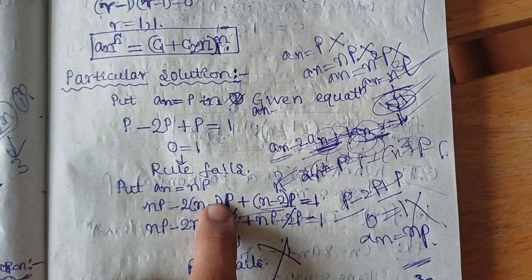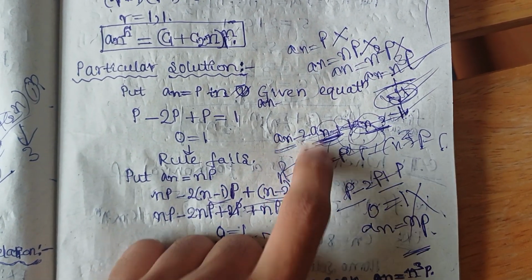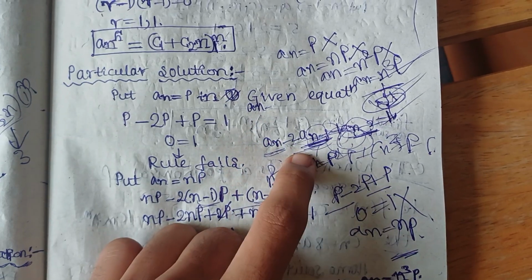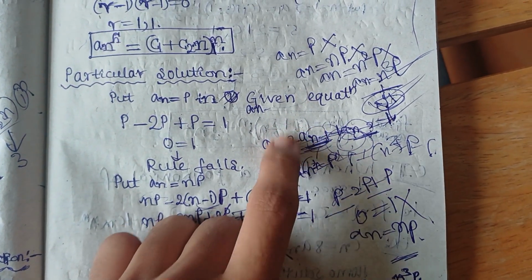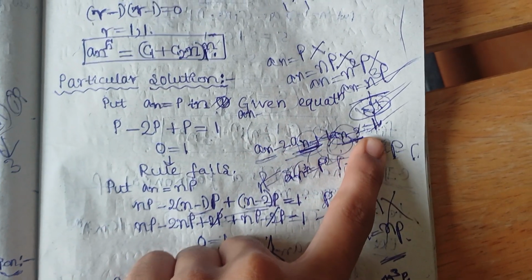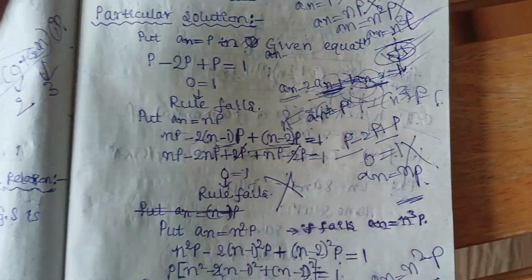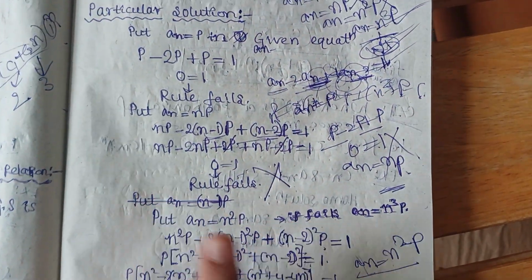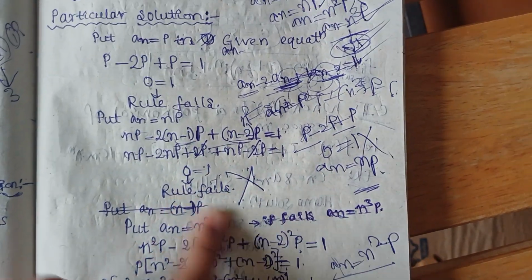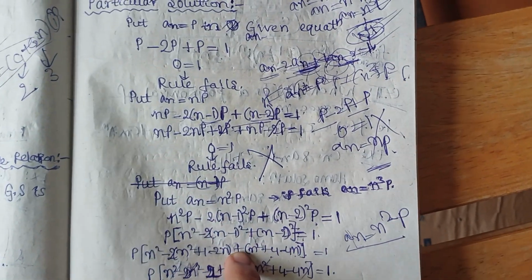Since an equals np, an is nothing but np, minus 2 times an minus 1, which is n minus 1 into p, plus an minus 2, which is n minus 2 into p. In that way you have to check. If your rule fails, you have to go to the next value, and if your rule is not failing, then you automatically get the value of p at that instant.